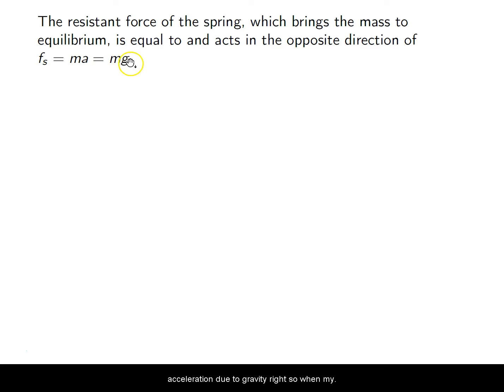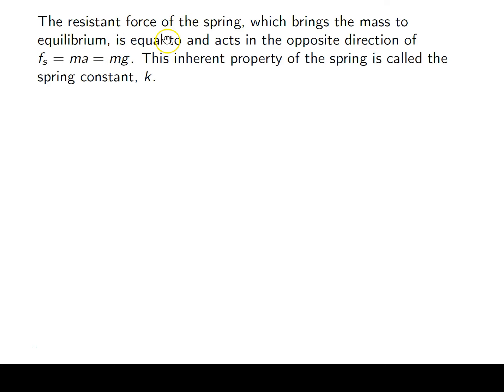So when my mass spring system comes to rest, it comes to rest at some equilibrium point, and that's when the mass and the force of gravity is equal to the resistant force of the spring itself. Okay, so that resistant force of the spring, we call it the spring constant. That spring constant is labeled as K. Okay, so this is basically the interpretation that we have of Hooke's law.